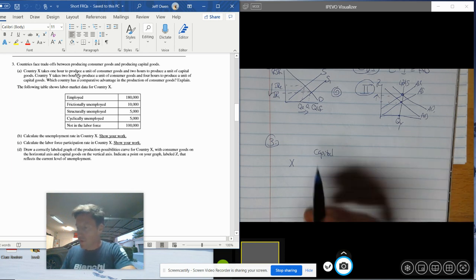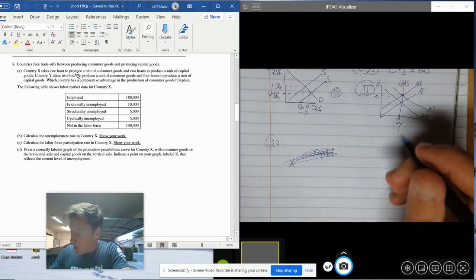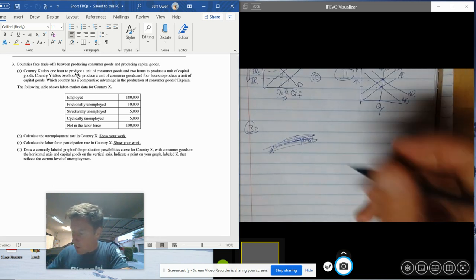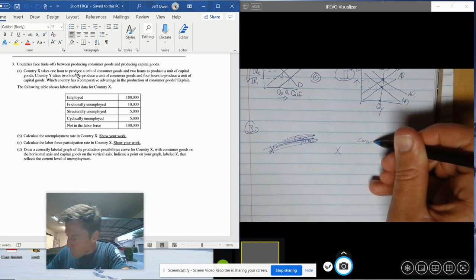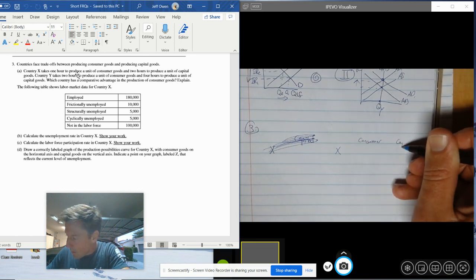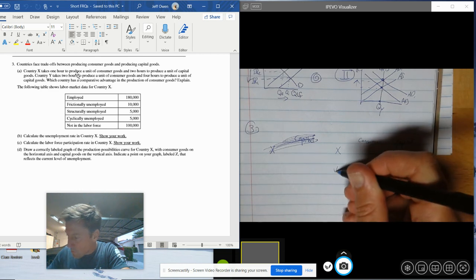See, there's where dyslexia just hits you, doesn't it? All right, so let's just move it off to the side a little bit. So we've got country X, and it was consumer. I just skipped right over that one. And capital. Country X and country Y.